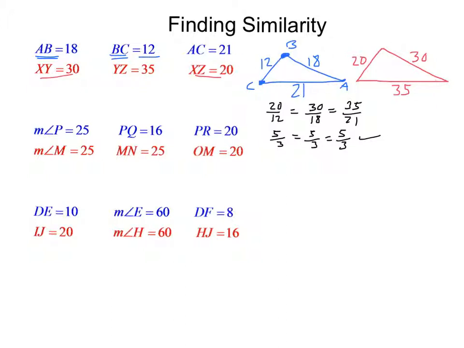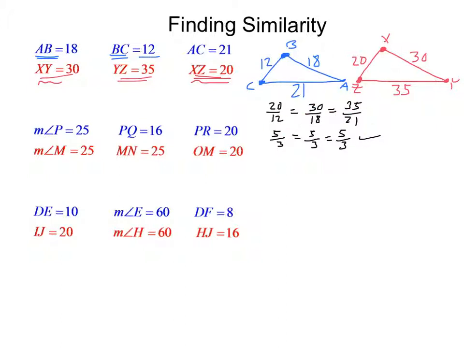Okay, very good. And over here, between the 20 and the 35, that common letter is Z. Between the 20 and the 30, the common letter is X. And over here, that's got to be Y. So XY is 30, YZ is 35, and XZ is 20. Okay, so now we got them in order, and we know that these check out.